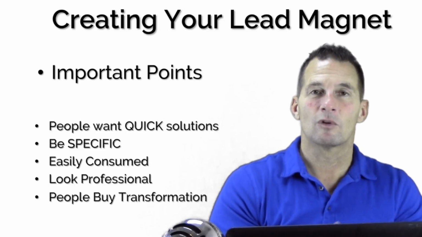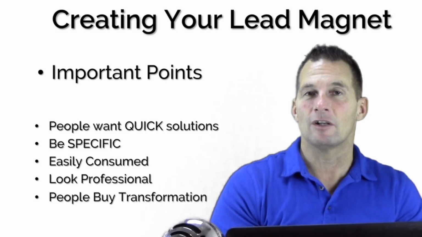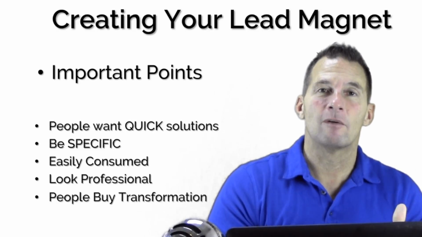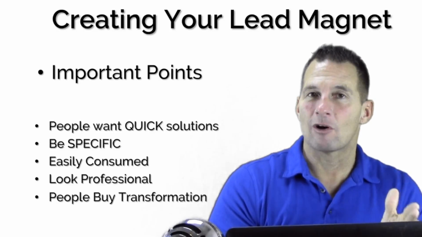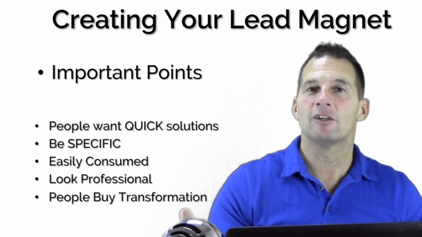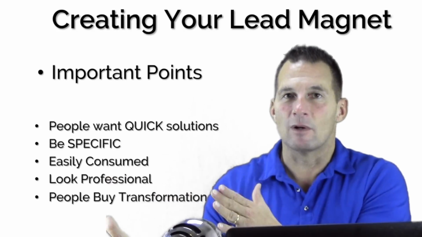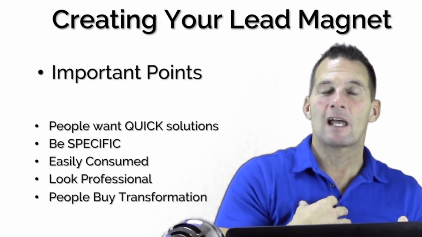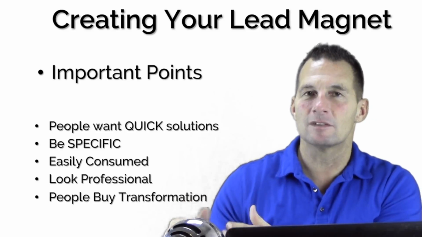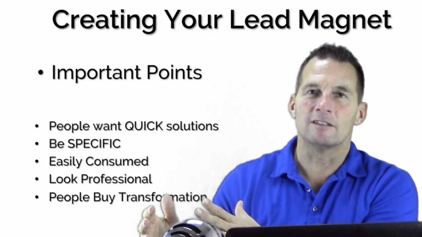That's why transformations work. That's why you see before and after photos and things like that. You want to know how I went from being a broke alcoholic bartender to a 6-figure monthly earner in XYZ. How I went from a broke alcoholic bartender with no leads to build my network marketing business to generating 20 leads a day.